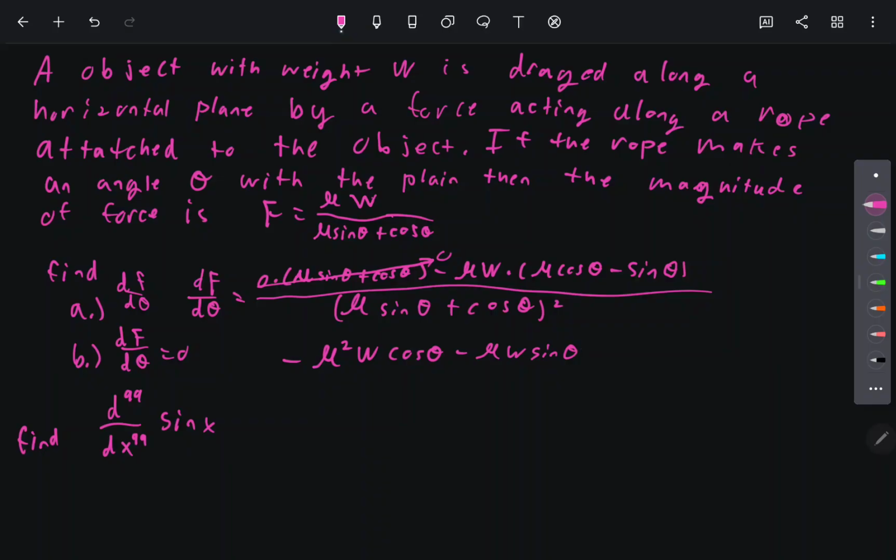Let's see, does that help at all? No, it does not. Okay. So we're going to put this over mu sine theta plus cosine theta squared. Well, now we need to solve this for 0, and that's our derivative.